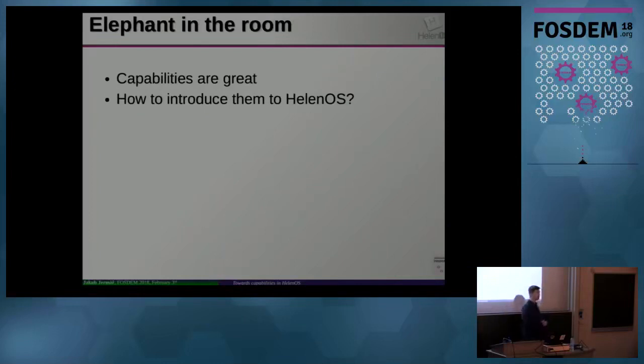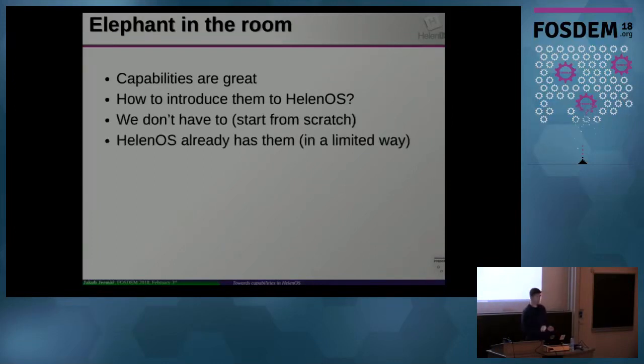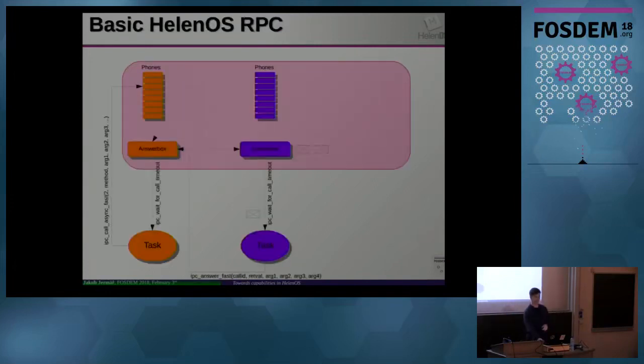So if we can agree that capabilities are great and everybody loves them, how do we introduce them to HelenOS? The question is that we don't have to do that because they are in a way already there, but that way is quite limited, as we will see. So now here is a picture of the basic HelenOS IPC communication between two tasks.